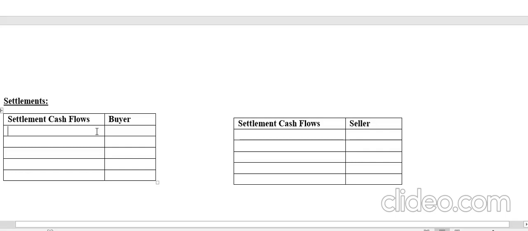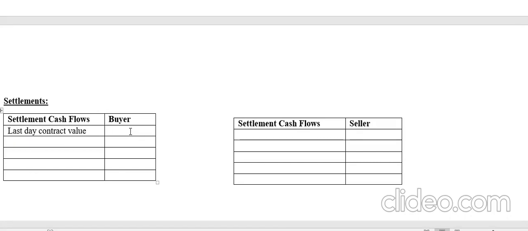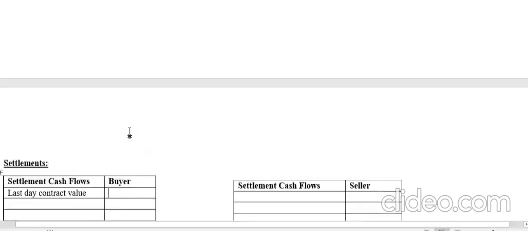First of all, the clearinghouse will request the buyer to pay the last day contract value. So I will write here: last day contract value will be paid by the buyer. What was the last day contract value? The last day contract value is 1,98,750.